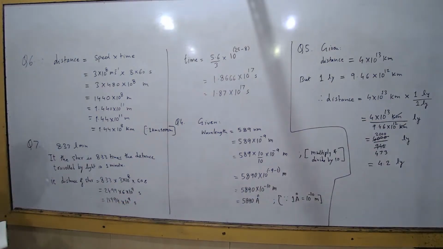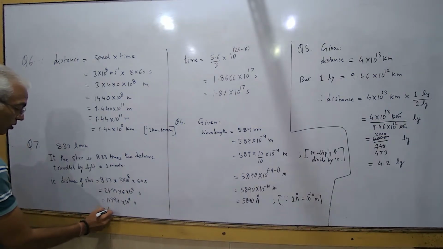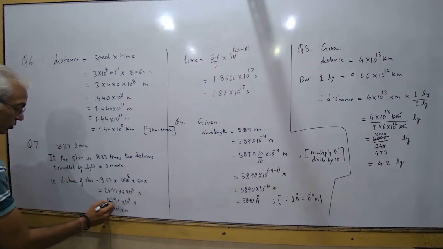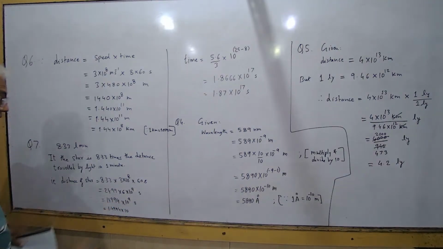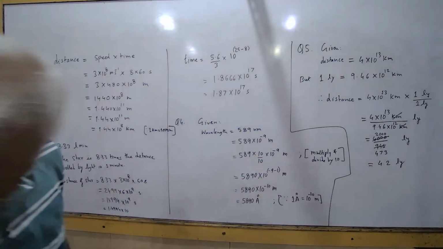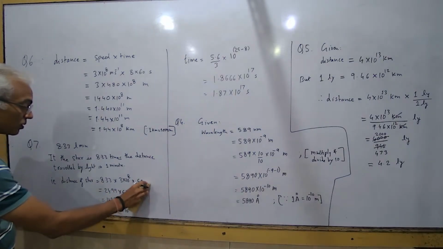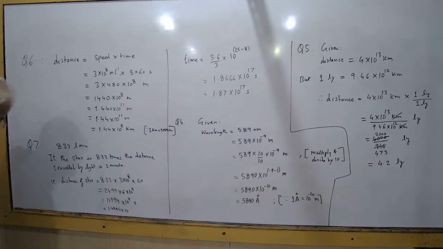Okay. So now 1, 2, 3, 4. This will be 1.4994 and raised to 14. Second क्यों लिख रहा हूँ? This has to be meter. Speed into time is distance, right? So it will be meter, not second.